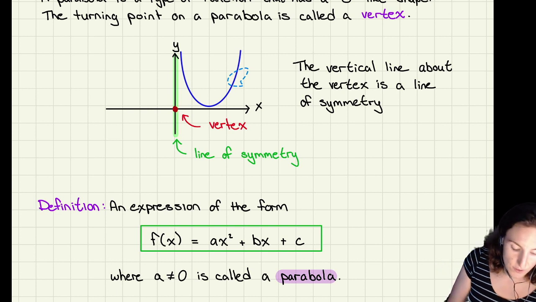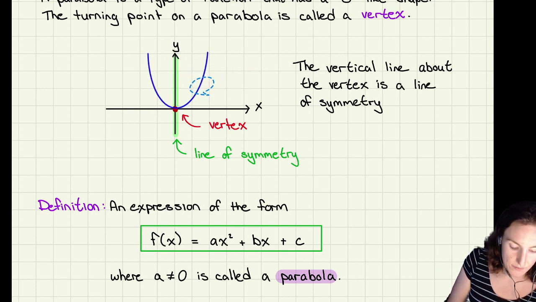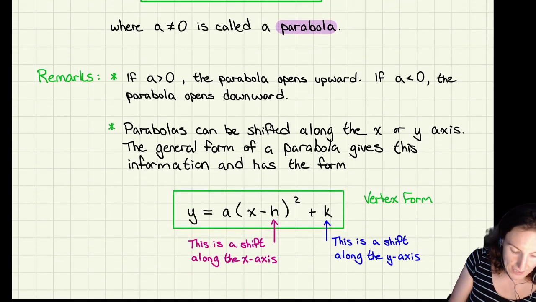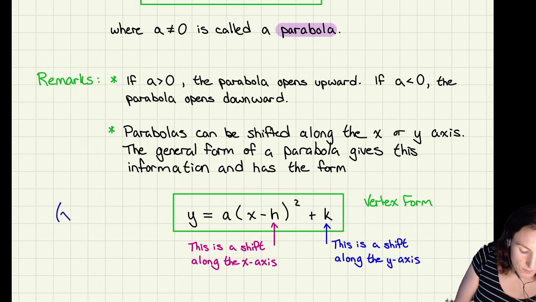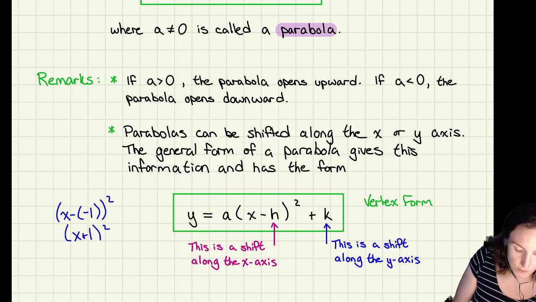If I move in the other direction, say I move 1 over to the left, then I'm moving it to negative 1, so I would have x plus 1 all squared. So when you move to the left, you don't see a minus here, you would see a plus.